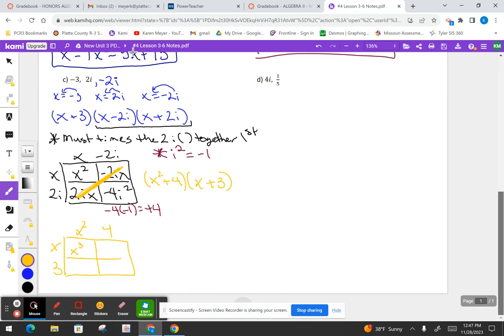So x to the third, 4x, 3x squared, and 12. For this one, there are no like terms in the box. So I'm just going to list these 4 terms out. Remember to go in descending order. So your final answer should be x to the third plus 3x squared plus 4x plus 12.